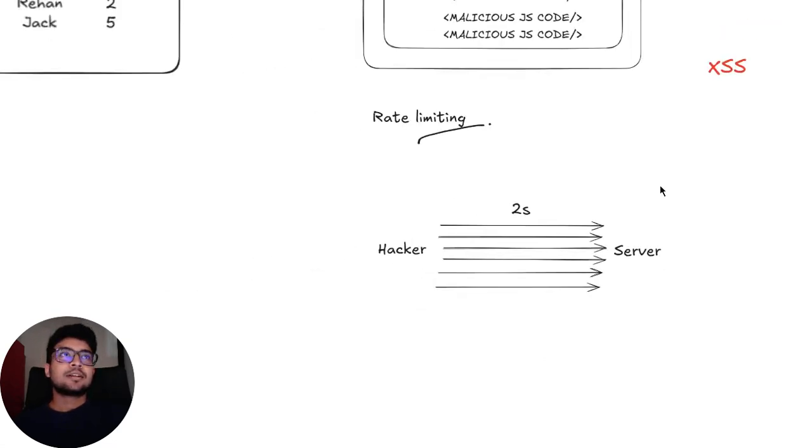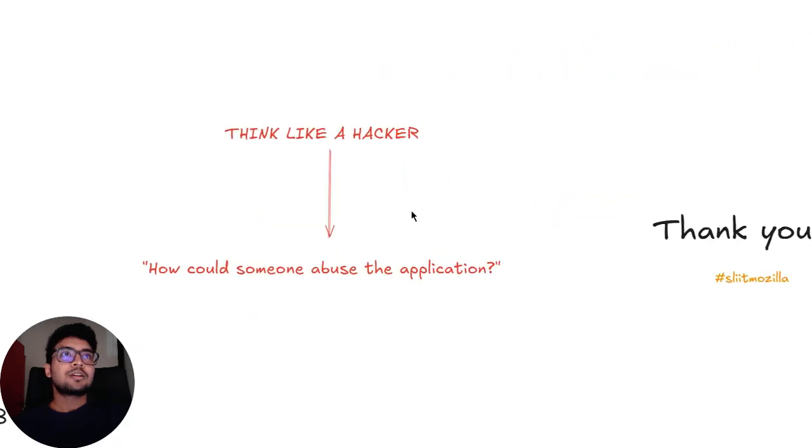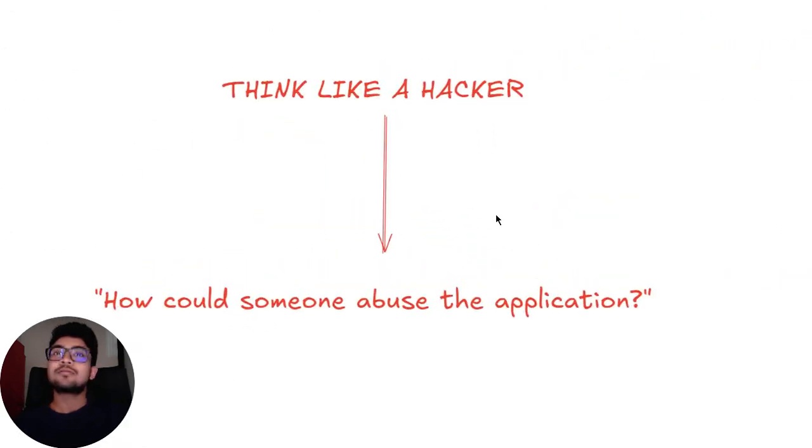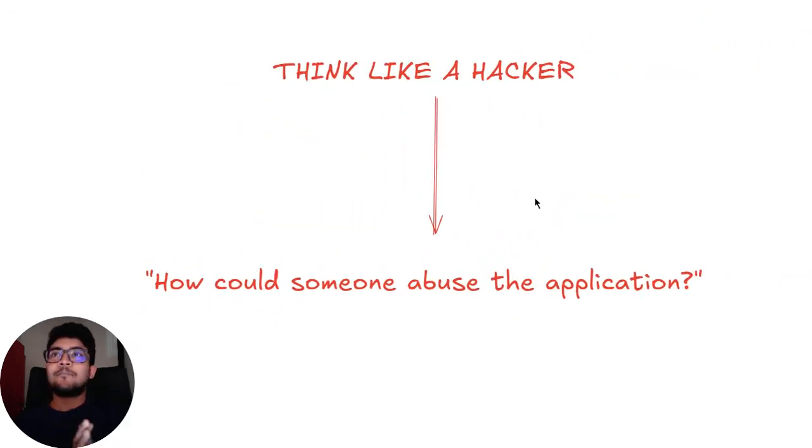So to sum up, I would say that in order to secure your backend and your web applications, it comes down to mainly four principles. One is that you need to authenticate every request.